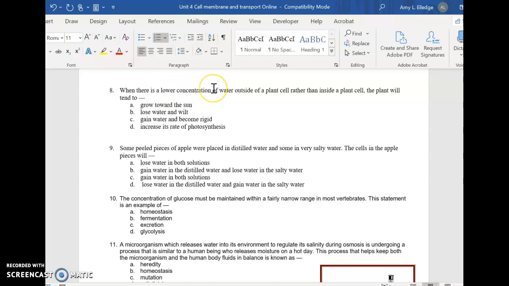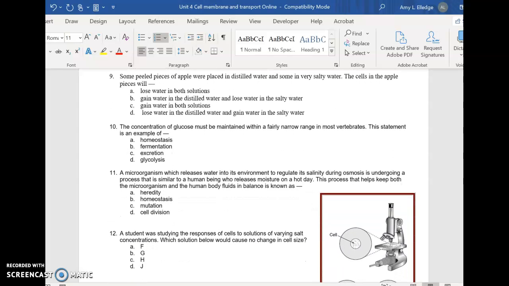Well, if you got less water and more solutes, water always moves towards the most solutes. So that means water is going to leave your plant cell. This doesn't have anything to do with it growing towards the sun, but if the plant loses water, it will lose water and wilt, right? It's not going to gain water in that situation for sure, and it doesn't have anything to do with photosynthesis if there's less water out there.